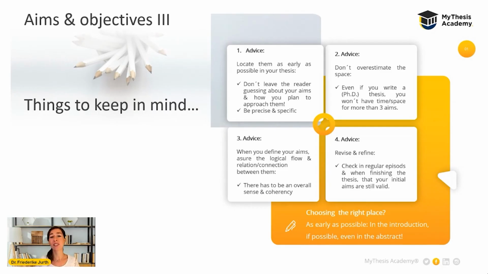Because if you reach the end of your thesis and you find out that the aims that you formulated in the beginning are completely different, you should think about adjusting. It's very important that what you promise with your aims is also fulfilled, in a logical way for the reader when he reaches the end of the thesis. There has to be this connection.